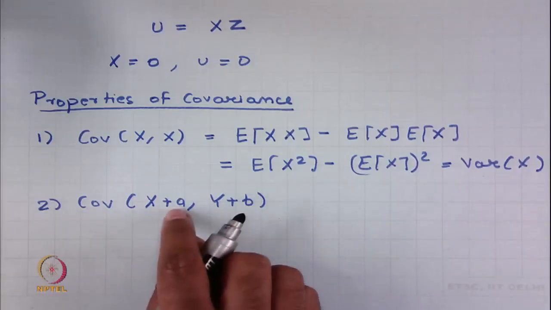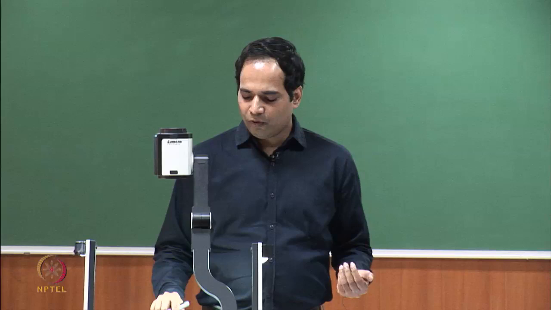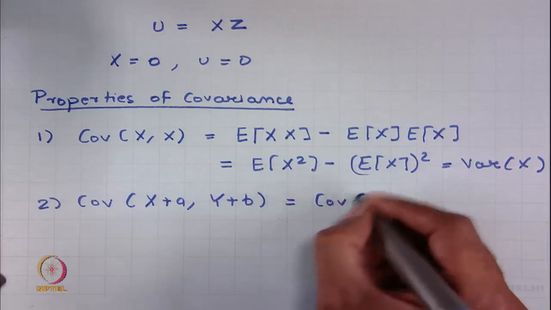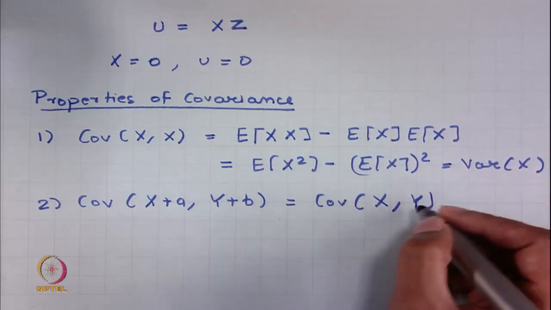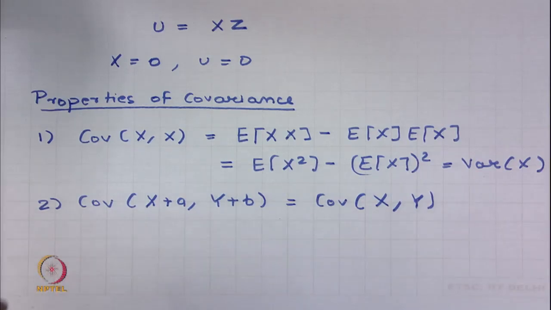We have said that the variance of x does not depend upon the constant. If you add a constant to a random variable, its variance remains unchanged, and covariance is also like variance. We are also interested in finding the expected value of square distances from the mean, hence the covariance is also unaffected by the DC constants. So, covariance of x plus a and y plus b is simply the covariance of x and y. That means the covariance remains unchanged with the addition of some DC constants.